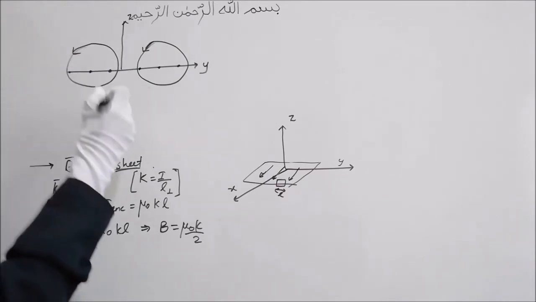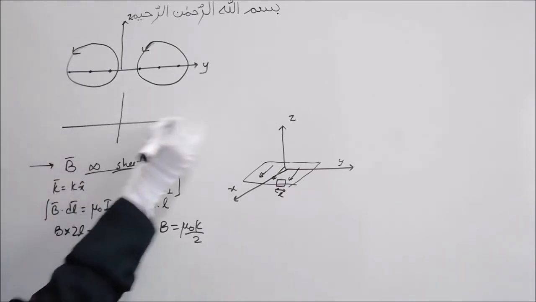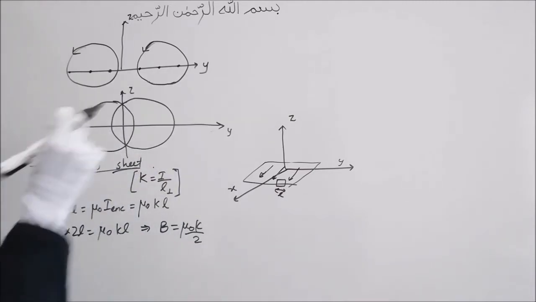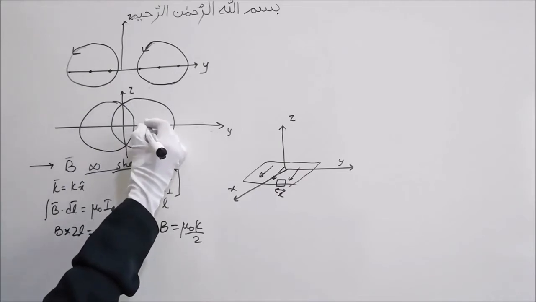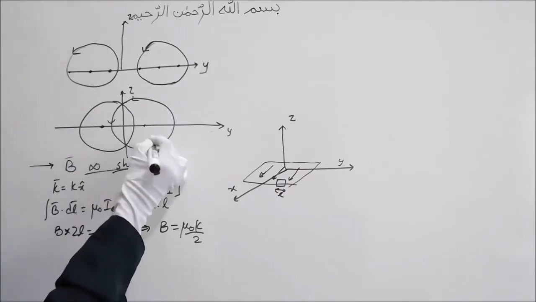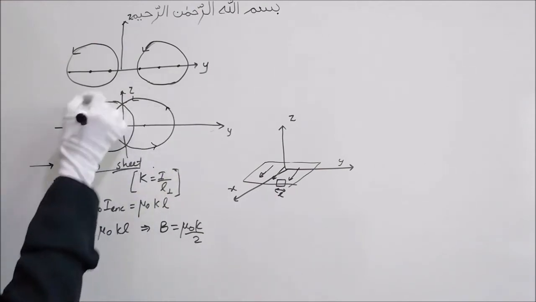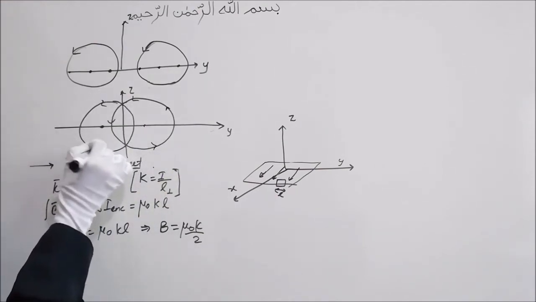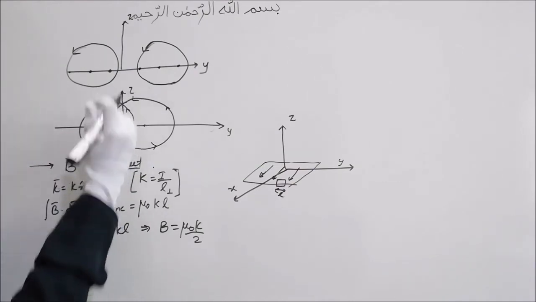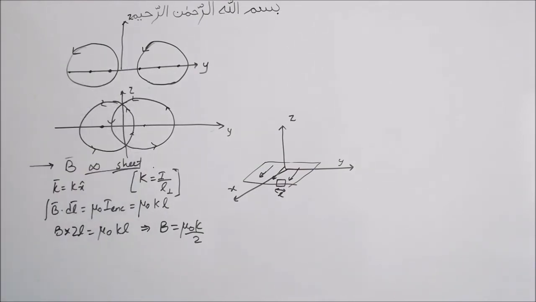Now I can just transform this. Now I will overlap both. So the magnetic field here is in this anti-clockwise direction. Magnetic field here also is in the anti-clockwise direction. Now consider above the y-axis and below the y-axis.